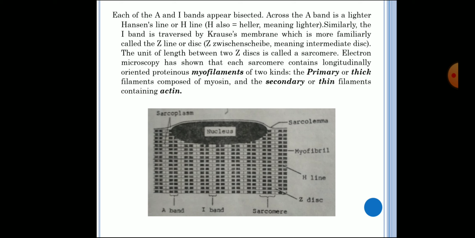They occur in the I band and extend for some distance into the A band. There are approximately 1500 myosin and 3000 actin filaments in a myofibril. They are the contractile elements in the muscle cells.